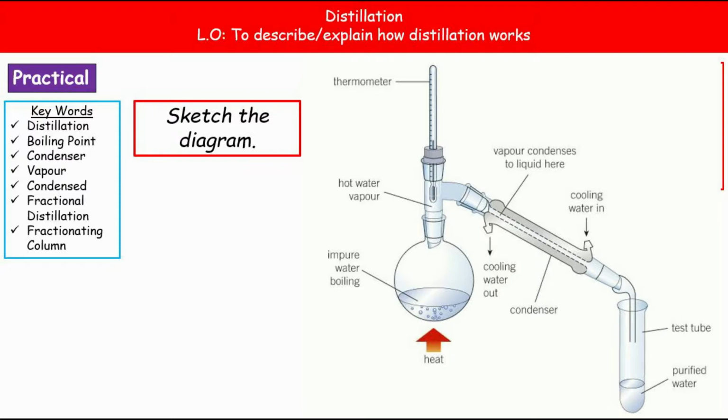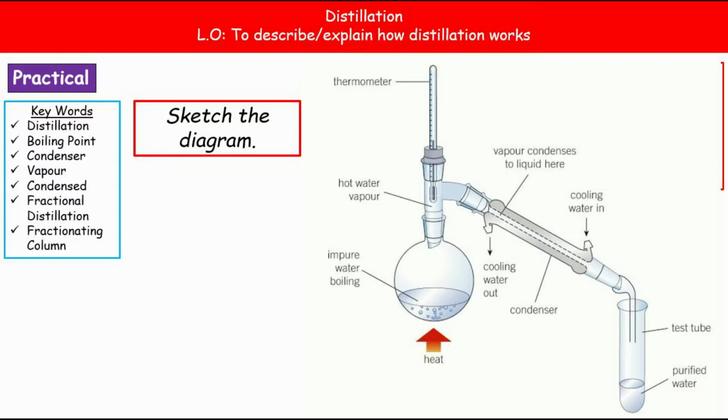Now the way that this really works is we're relying on boiling points here. So as we actually heat up that round bottom flask, the chemical with the lower boiling point is going to turn to a vapour first, it rises up, and then it's going to go into that condenser. And the reason that condenser is so important is because if you look at the diagram, you can see that we've got cold water going in at the bottom, and then it's basically a tube within a tube.